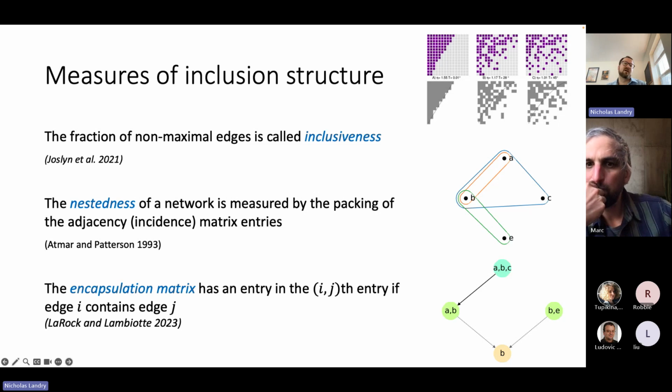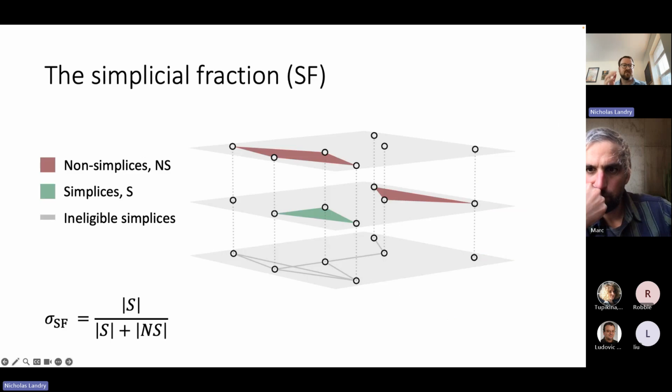So that's the background, and I just want to quickly walk you through how we measure simpliciality. First, we define the simplicial fraction, which is the fraction of edges that are simplices. Again, recall that I exclude the ineligible simplices, or the simplices of minimal size, when I make this calculation.